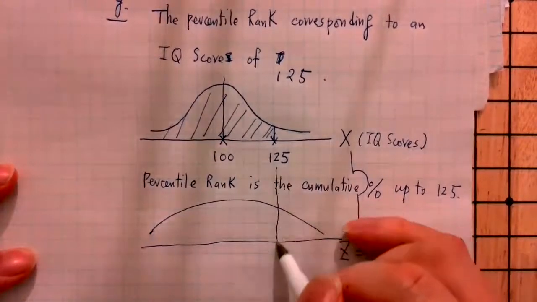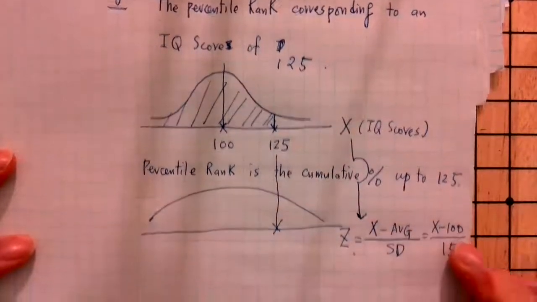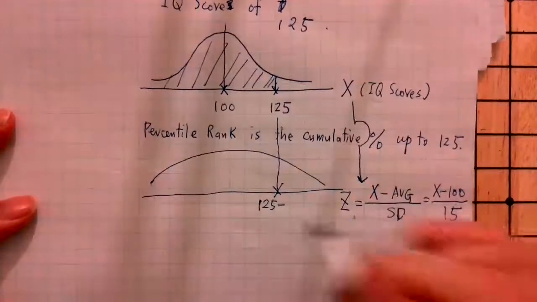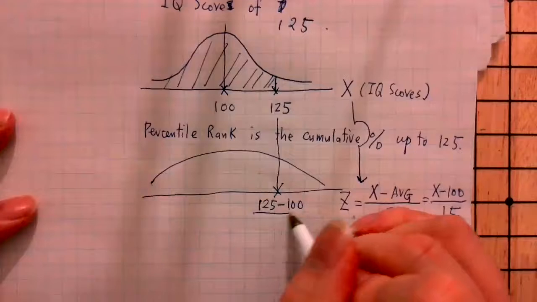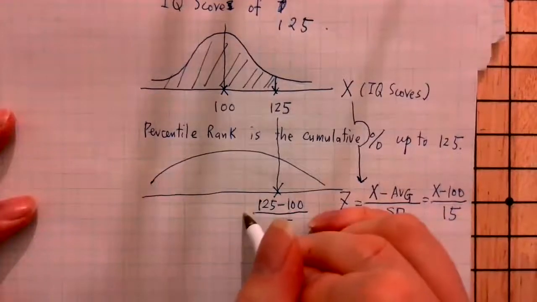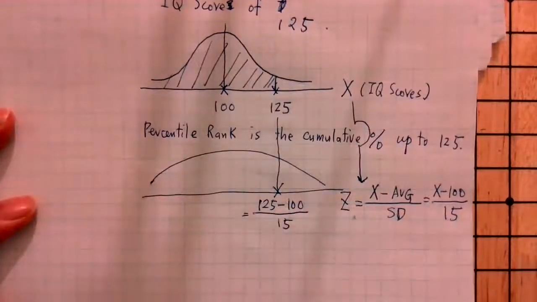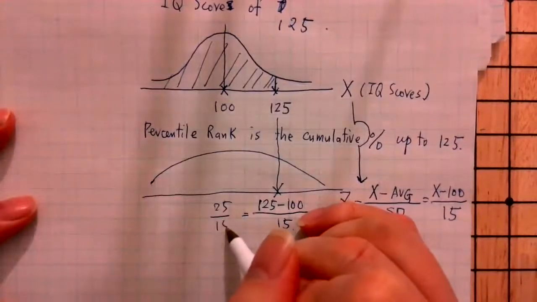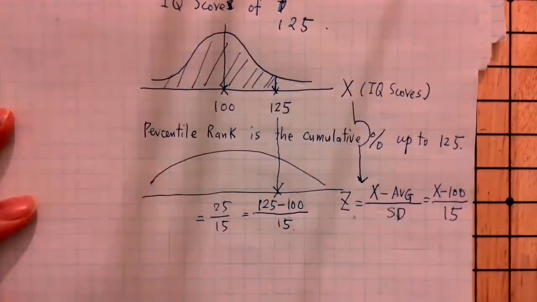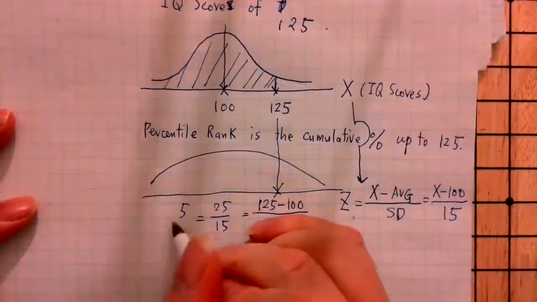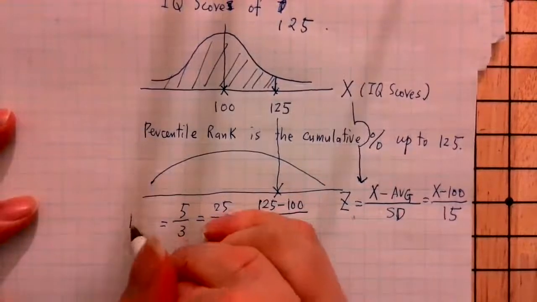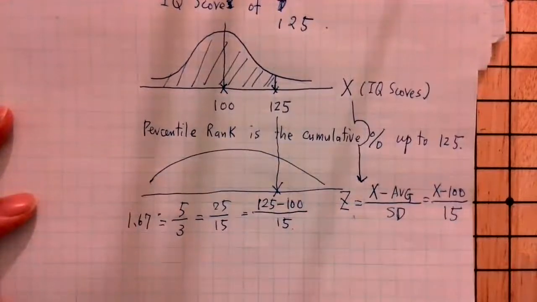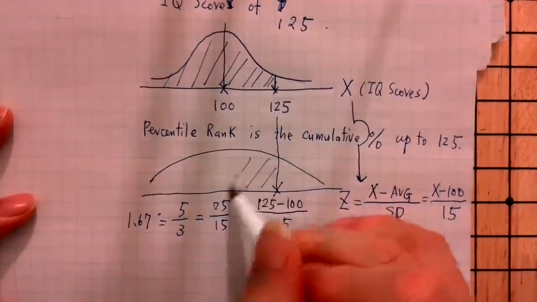So let's standardize 125. 125 subtract 100, divided by 15. This is 25 over 15, which is 5 over 3, and that is roughly 1.67.